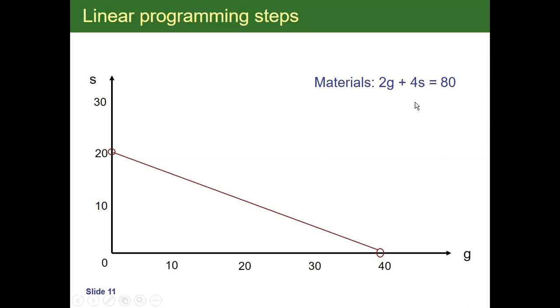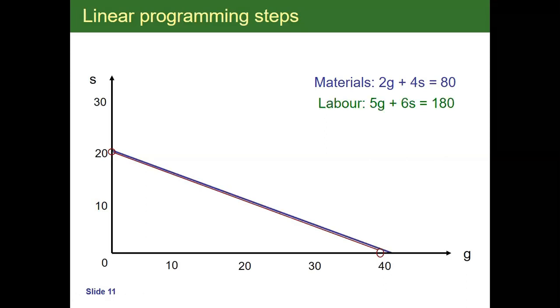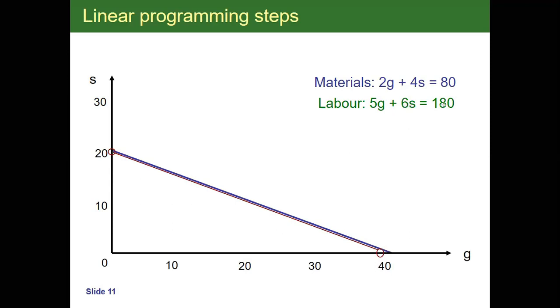Then you have another constraint, which is labor. Again, if you want to see the labor constraint, we will draw it ourselves. How do we do that? When G is 0, 6S is equal to 180, so S is equal to 30. So I make G 0 and S 30.